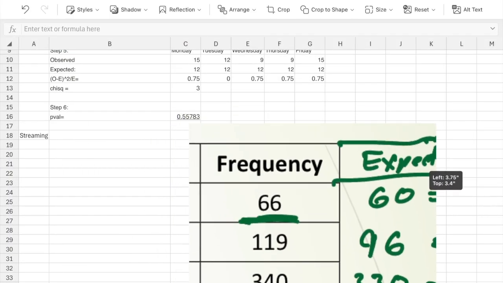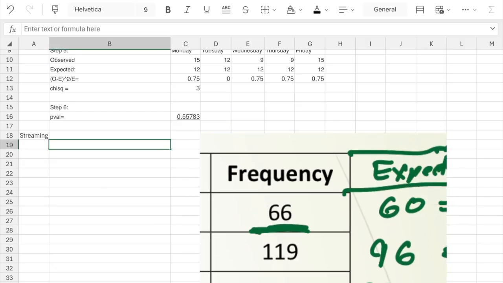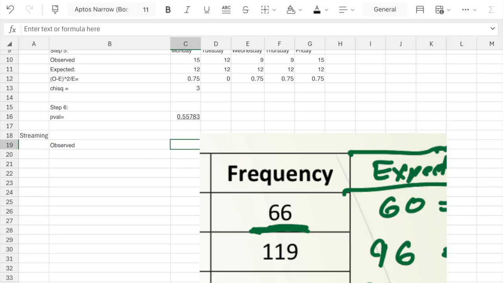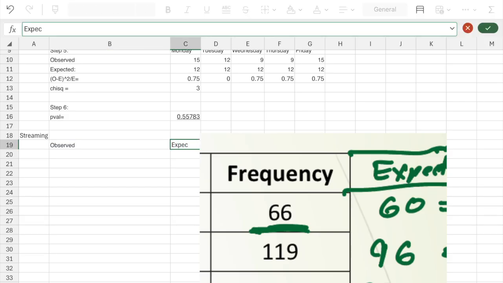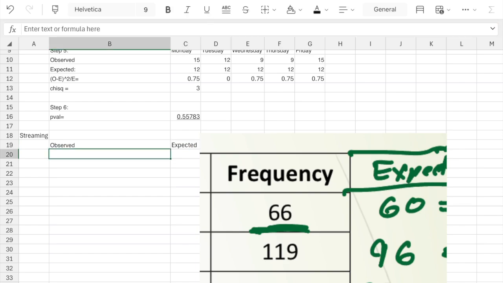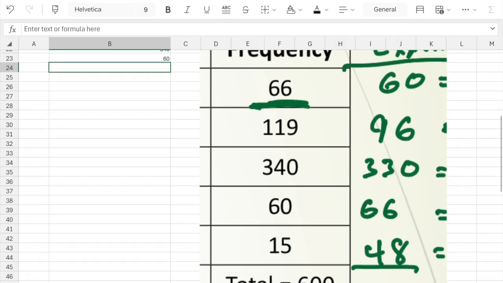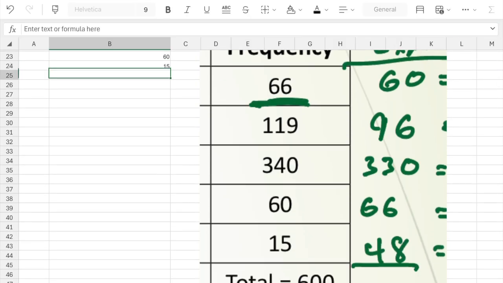All right, let's just put these in then. So this is going to be observed, and then over here will be expected. Observed is 66, 1119, 340, 60, and 15.